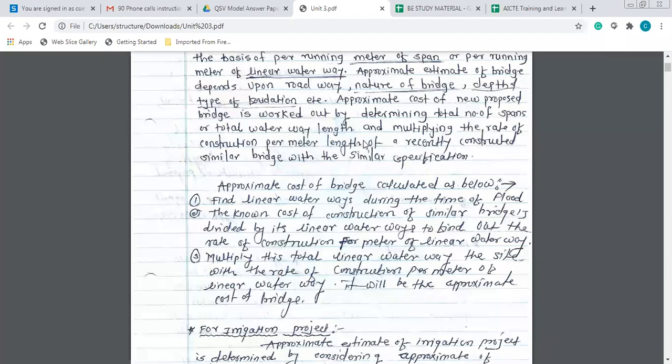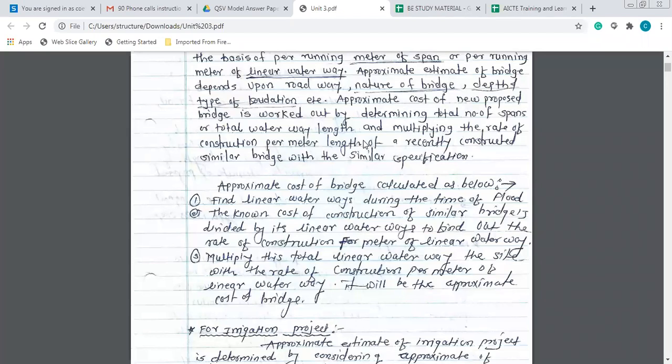As I said earlier, we have to consider the linear waterway, that is nothing but the running meter length of the waterway, as well as the fetch of that waterway. The fetch of your river or waterway, whatever it may be, then the width through which that particular river is going to flow, the maximum high flood level, and the past 30 years record that we require. Past 30 years precipitation, that is rainfall data, we require.